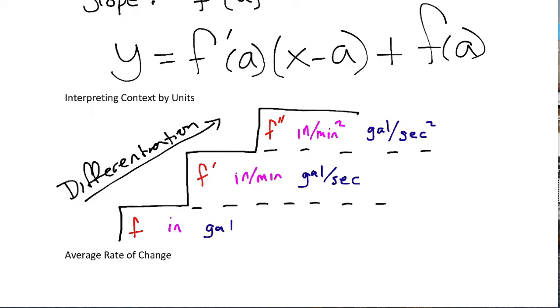It could be that we're talking about people in line at an amusement park, right? So we could have that this is people. Then this would be people maybe per hour. Then this one would be people per hour squared.